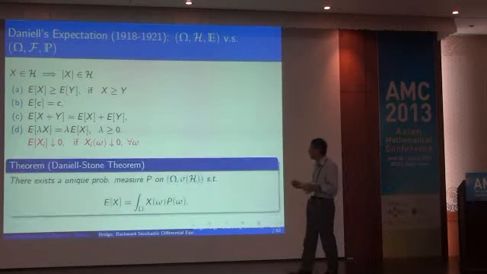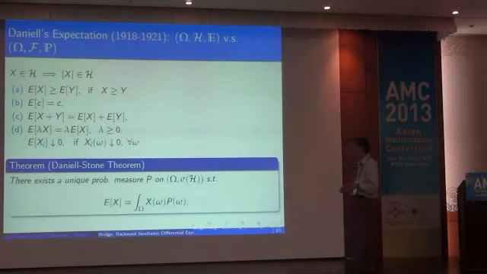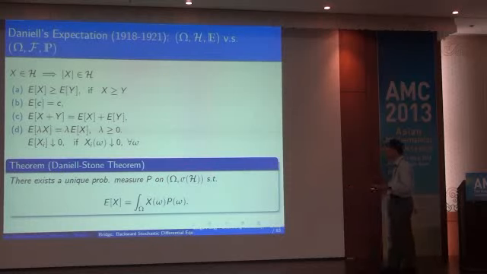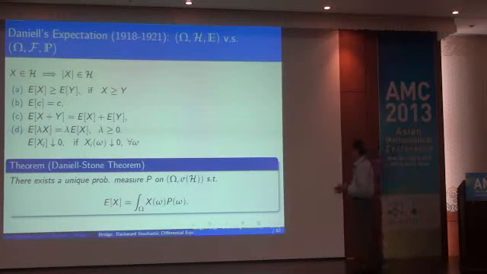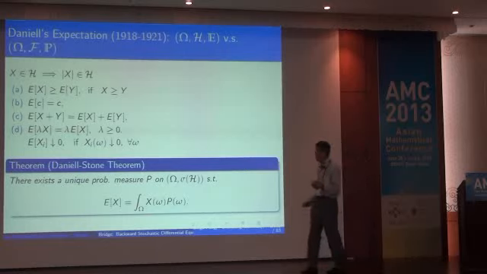It's well known that from this we have the Daniel-Stone theorem, telling us that there exists a unique probability measure P defined on this domain with the sigma algebra of H, such that Ex, defined by this E, is really the expectation or integration with respect to P. This is his theorem.